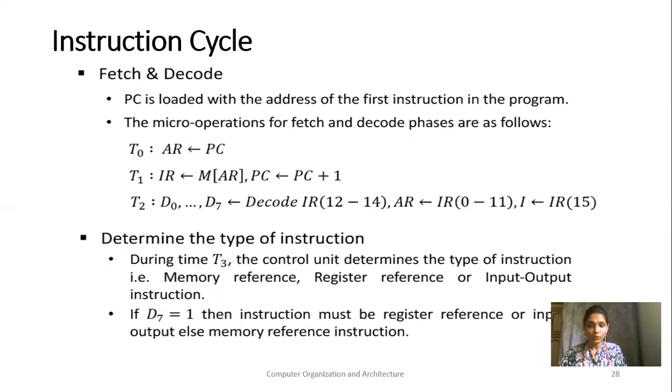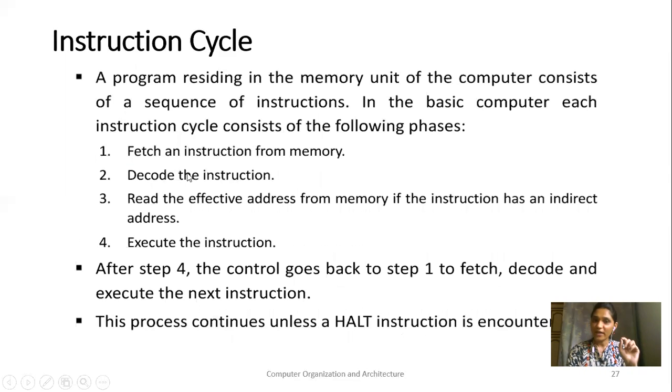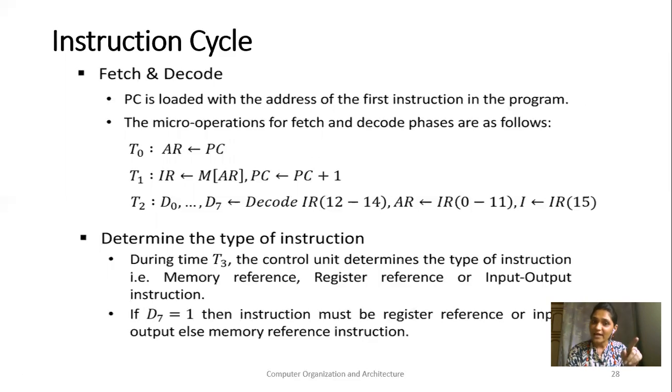So you have to store your program counter into the address register, so that memory can decode this address and find out the content of that address location. So the first operation is fetching of instruction. To fetch the instruction, we will require first its address, that is stored in the program counter, and that is going to be stored into the address register at the T0 timing signal.